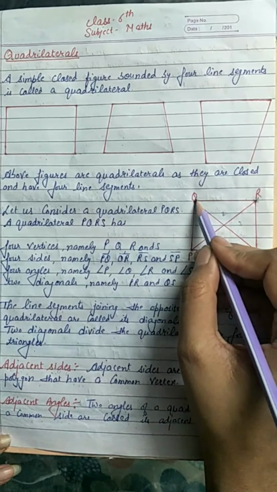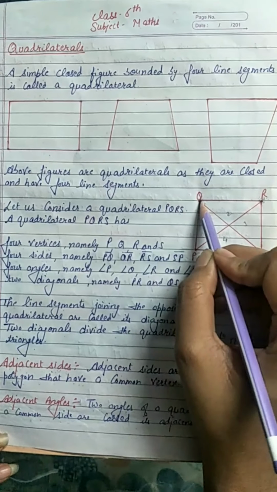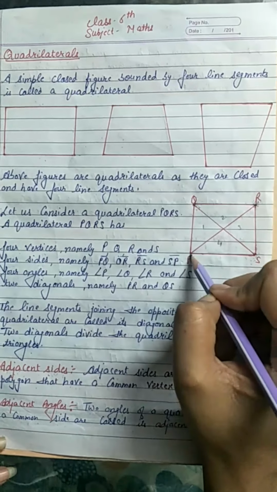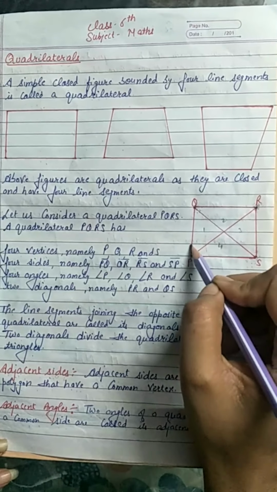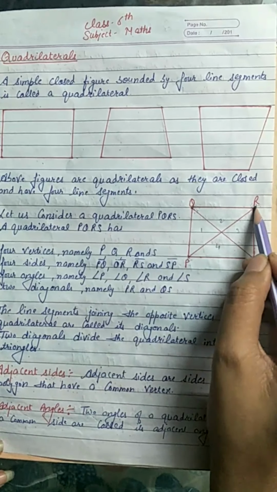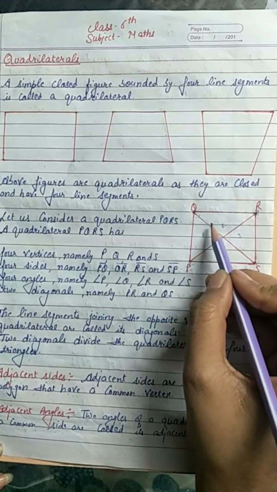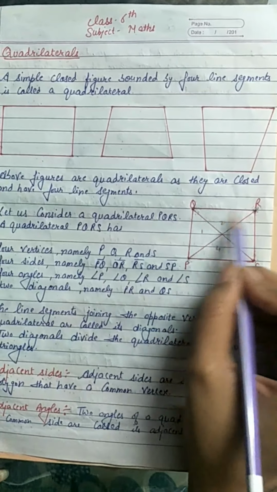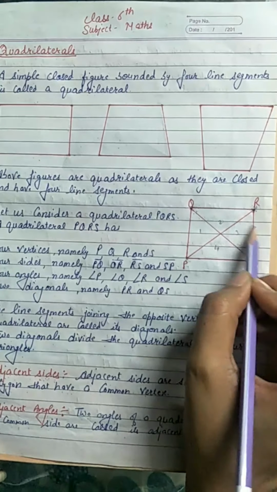PQ and QR have common vertex Q. So PQ and QR are called adjacent sides. Similarly, QR and RS are adjacent sides of this quadrilateral PQRS because R is the common vertex of these 2 sides.